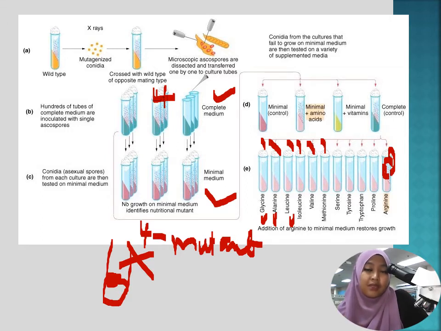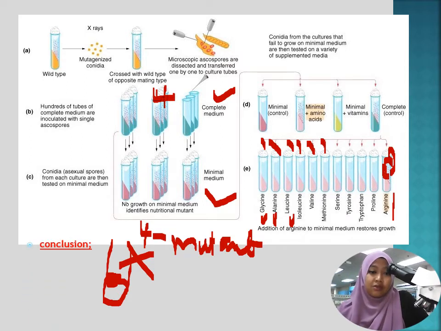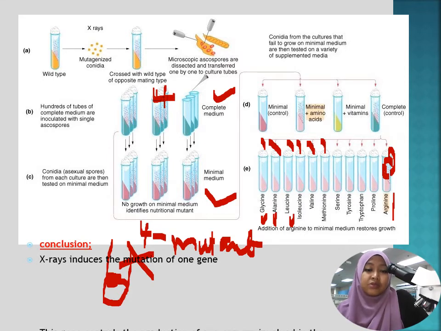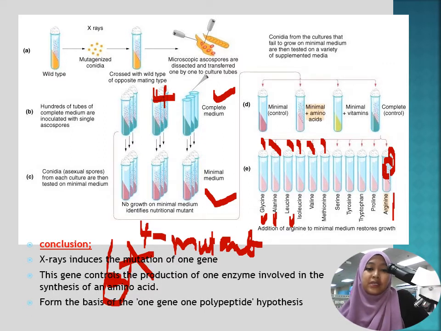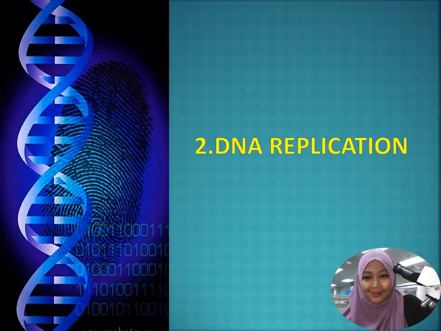So they found through this experiment that a certain gene is specific to a certain protein, for example arginine. As a conclusion, X-ray induces a mutation of the gene. This gene contains the production of an enzyme involved in making the amino acid, and the hypothesis is called one gene, one polypeptide. Polypeptide here means a protein.